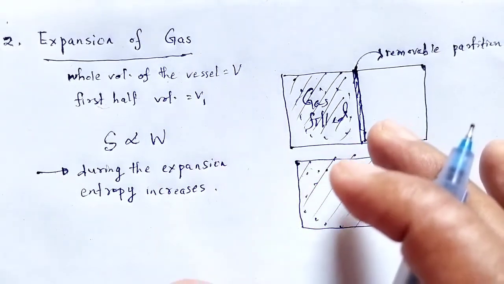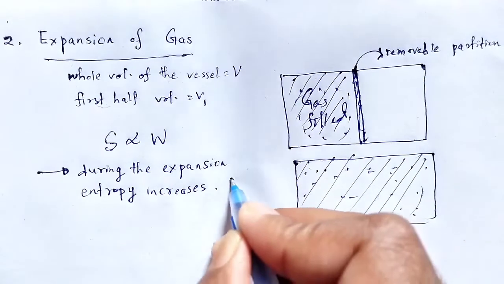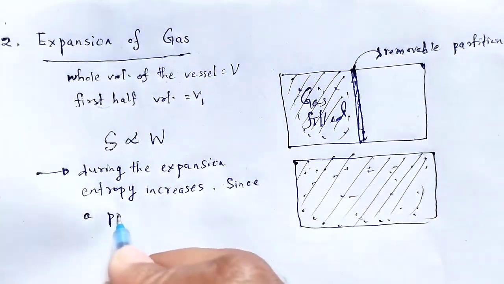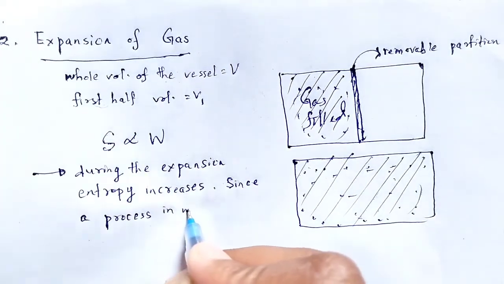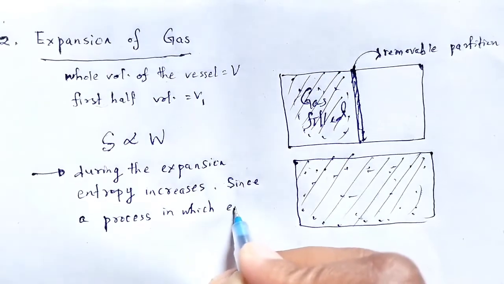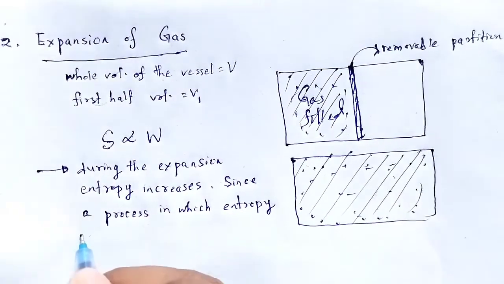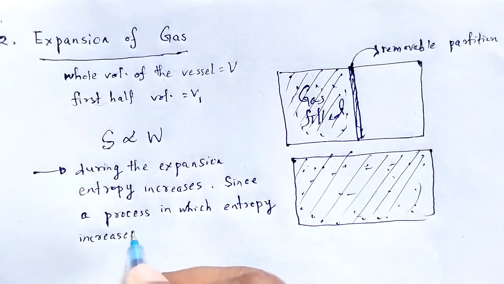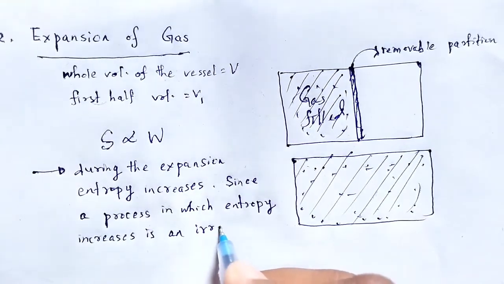Since a process in which entropy increases is said to be irreversible, the expansion is an irreversible process.